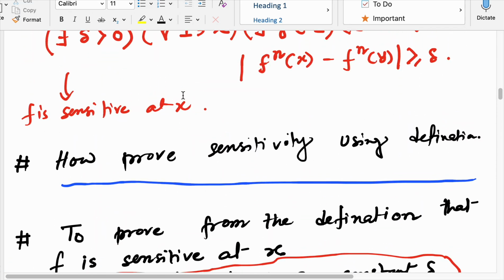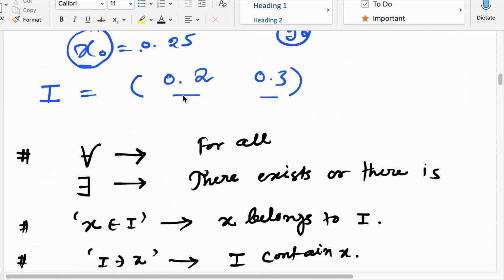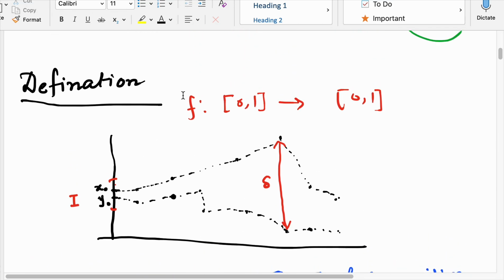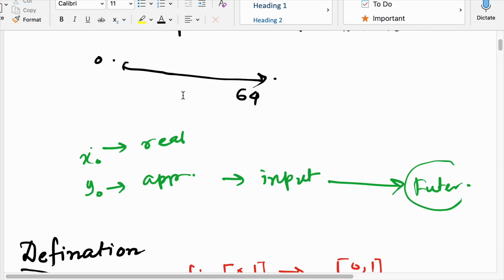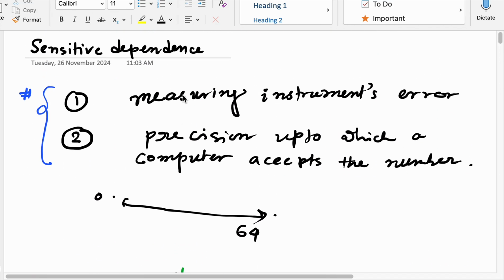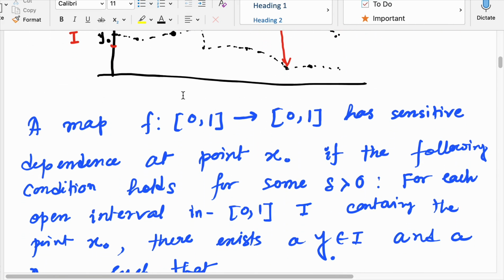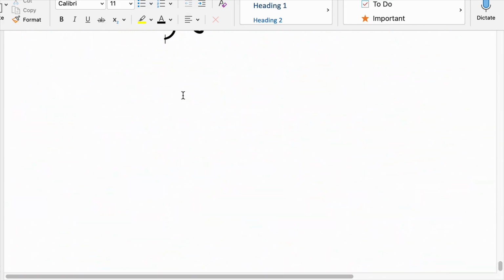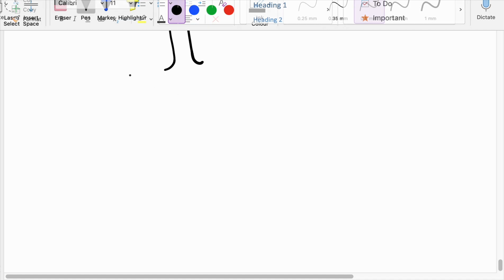In the previous class we learned about sensitive dependence on initial conditions, and let me go through the definition once again, with the help of the mathematical symbols, so it will be clearer. So let me write here.